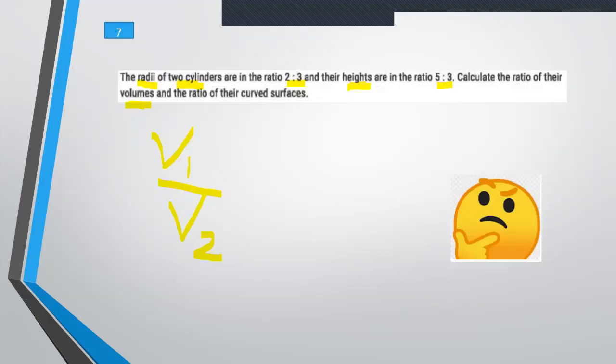You have given me the answer of curved surface area. Oh, okay. First, the volumes is the question. Next one is curved surface area. So CSA 1 upon CSA 2. Be careful and do it slowly. These are two questions punched into one.